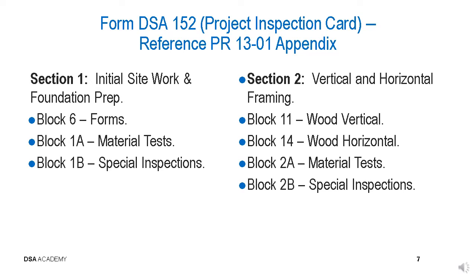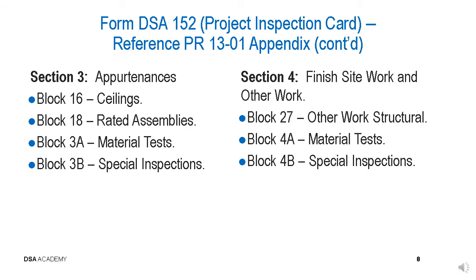So for Section 1, related woodwork would be Block 6 for forms. For Section 2, which covers vertical and horizontal framing, we would have Block 11 for wood vertical and Block 14 for wood horizontal. For Section 3, we've got Block 16, which is wood ceilings. We could have joists, soffits, suspended baffles.